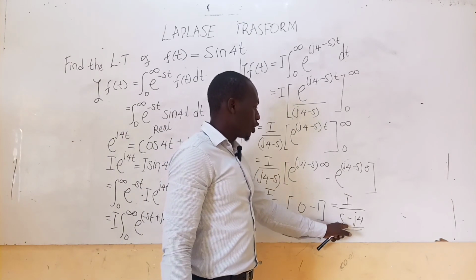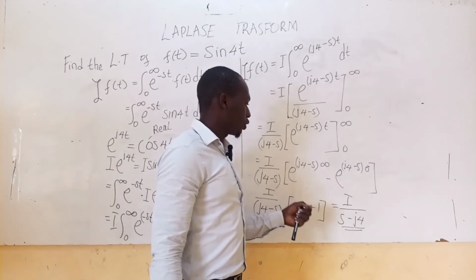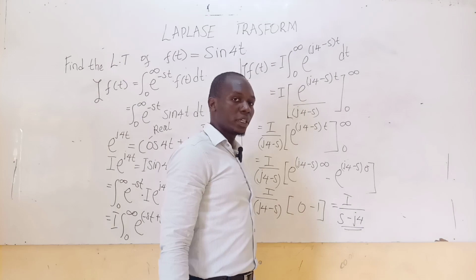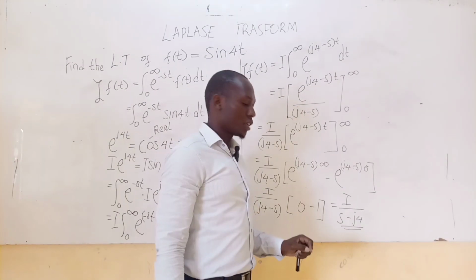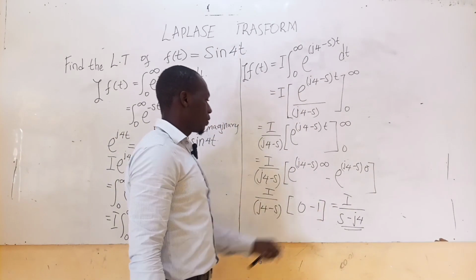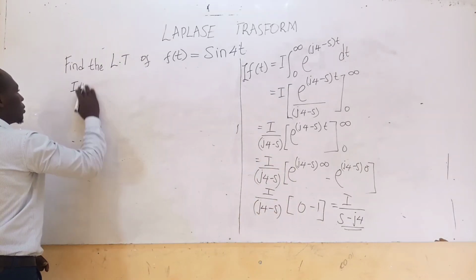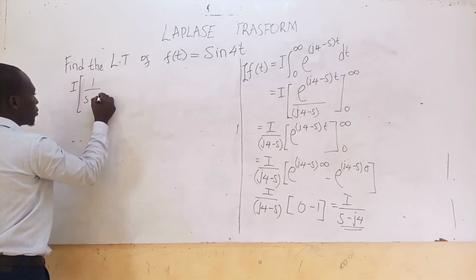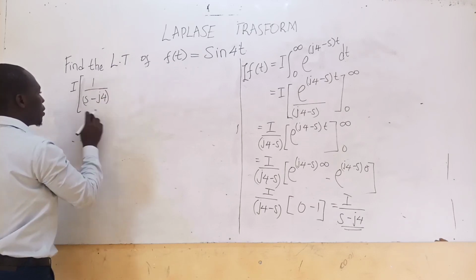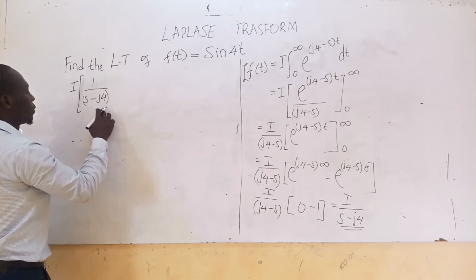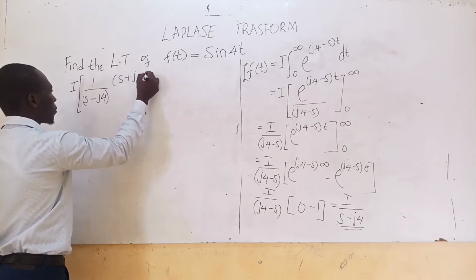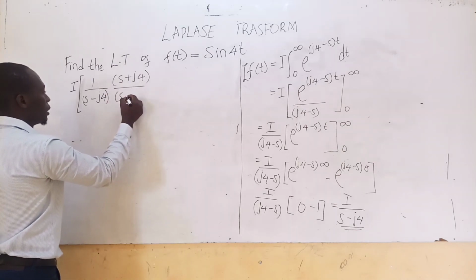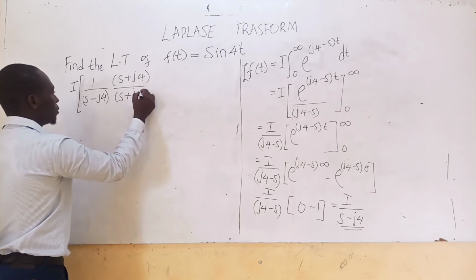But we need to separate the real and the imaginary. To do that, we multiply the denominator by its conjugate, that is, we do rationalization. By rationalization of the denominator, we take the conjugate of the denominator, whereby this sign changes to a positive: over s plus j a.